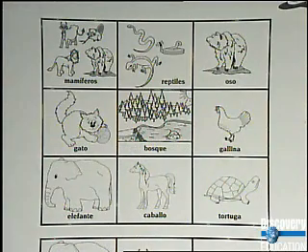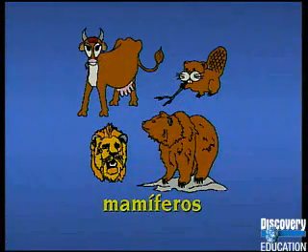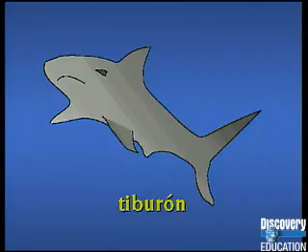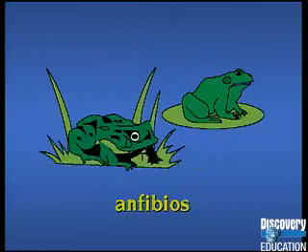If you have this on your board, mamíferos, go ahead and mark it with one of the fichas. Mamíferos. Okay? If you have tiburón on your board, go ahead and mark it. If you have anfibios, okay, this group of animals, go ahead and mark that, and you see what these animals are?